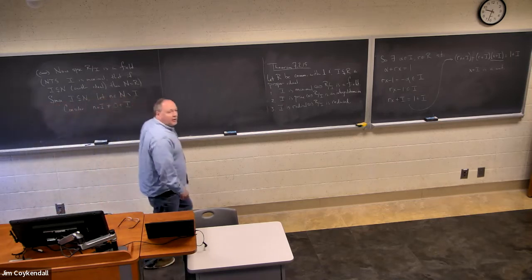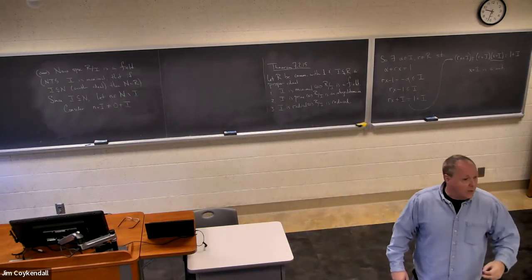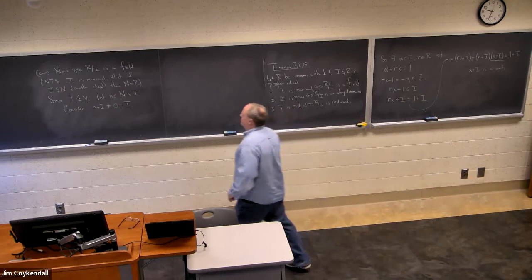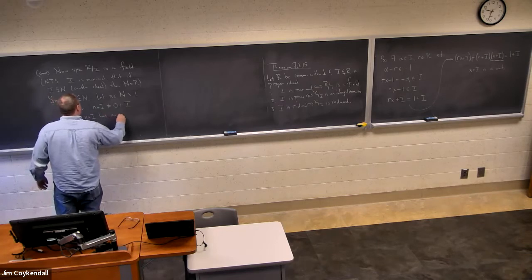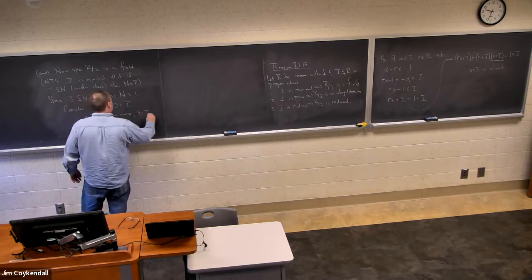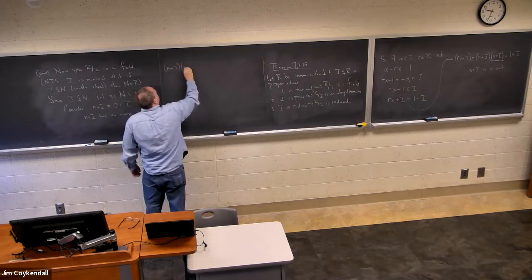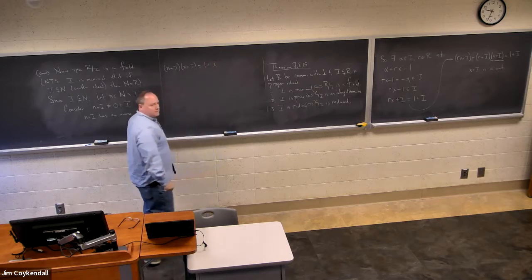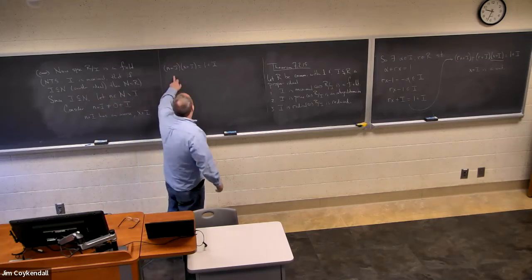Now, the coset n plus I is a non-zero element of a field, so it has an inverse, right? We'll say x plus I. So n plus I times x plus I equals 1 plus I. Let me translate this.